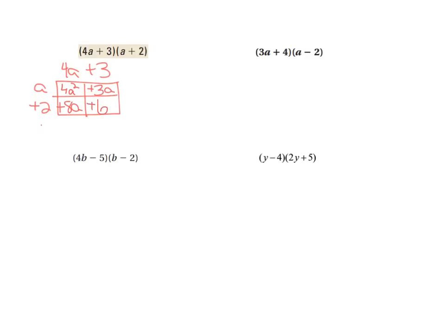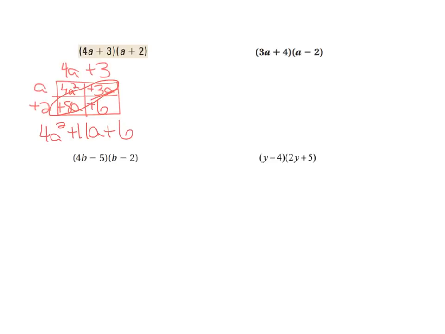So I look, I see my 4a squared, I see my like terms, 8a plus 3a is 11a, and then my plus 6 comes along. So the goal is to be able to look at this and not have to do the box, not have to do distributive property, but right now, show me the method you're using, show me your like terms.